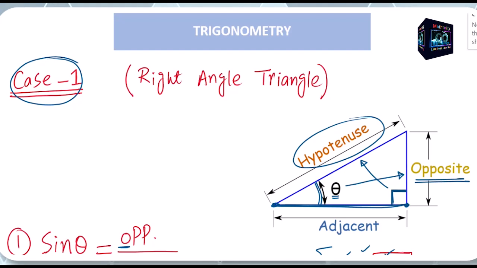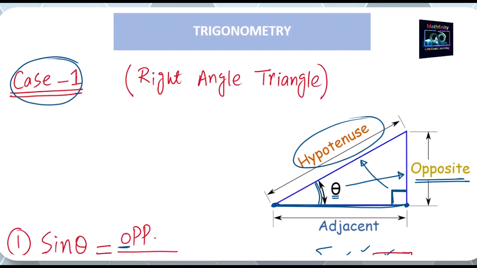I teach GCSE O level and A level, and whenever I explain trigonometry, I explain it in 2 cases, case 1 and case 2. You will be able to solve all types of trigonometry questions if you separate the 2 cases from the beginning.